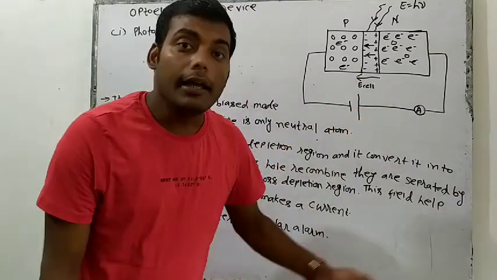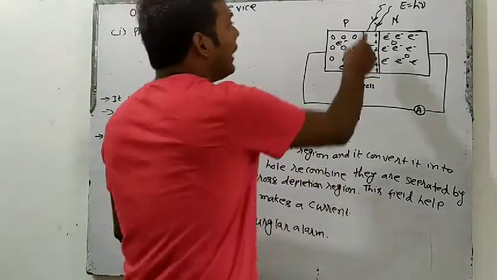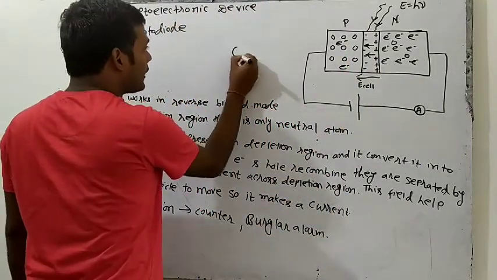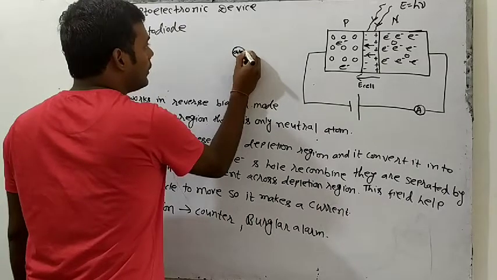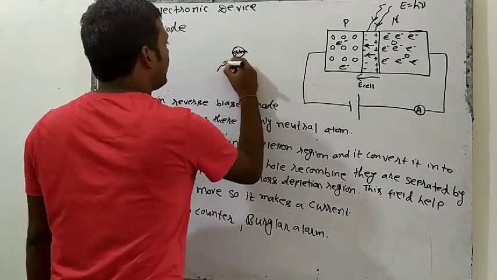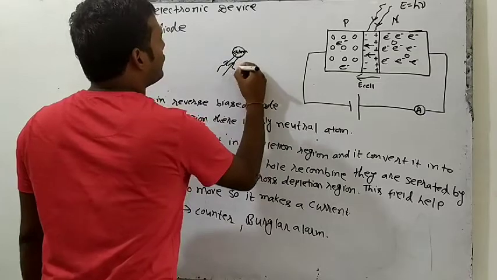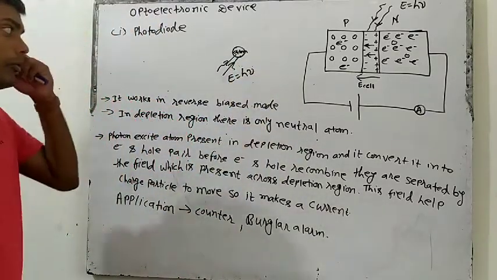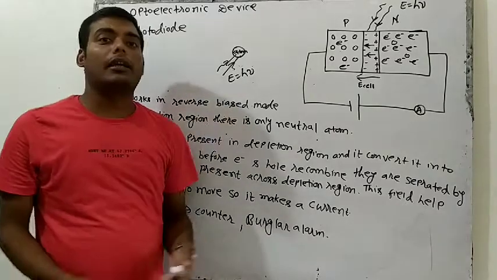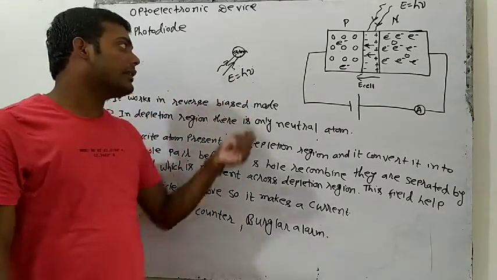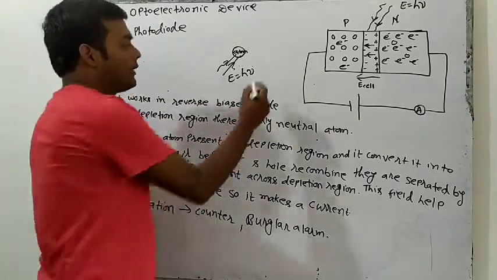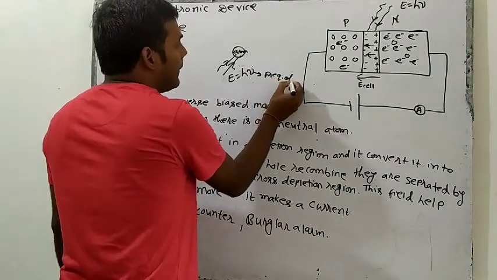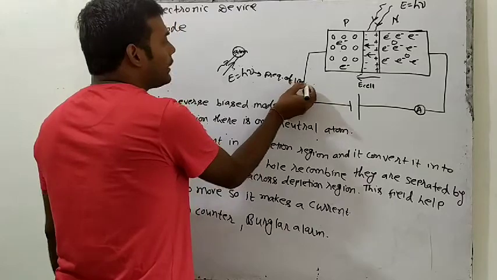That is depletion region. So in this region there is no free charge, but there is neutral atom. If light will hit any atom, what is happening? This is atom, and on this atom light is going. Light has energy: E is equal to h nu. This you will study in modern physics, that h is Planck constant and nu is frequency of light. Each light has a particular frequency.